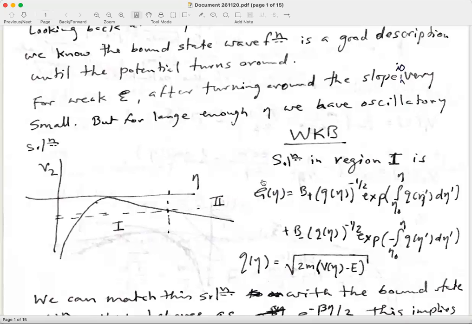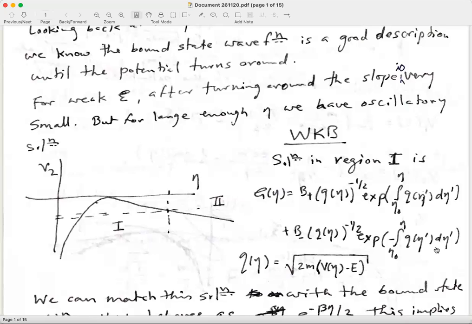So our wave function is a function of eta only, and g of eta is some constant b plus times q of eta to the minus half times the exponential of the integral of q of eta prime d eta prime, where eta prime is integrated from eta naught to eta, plus b minus times q of eta to the minus half times the exponential of minus the same integral.